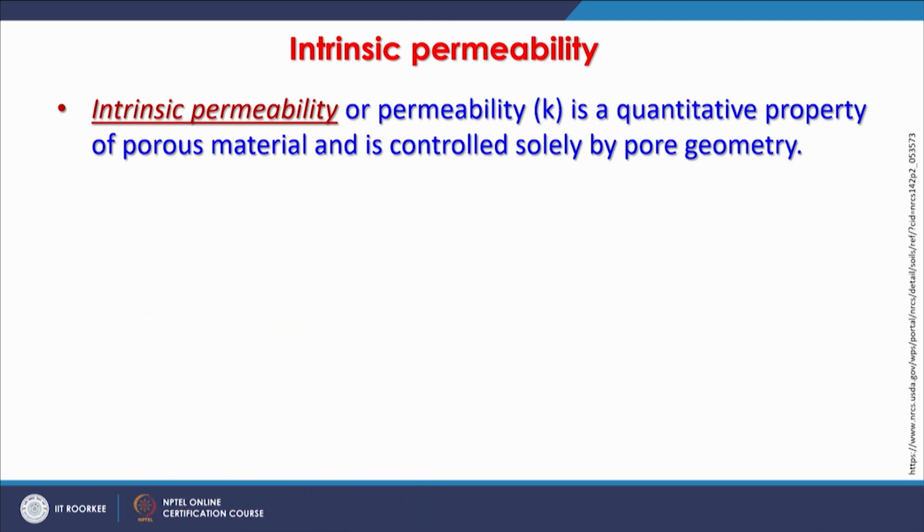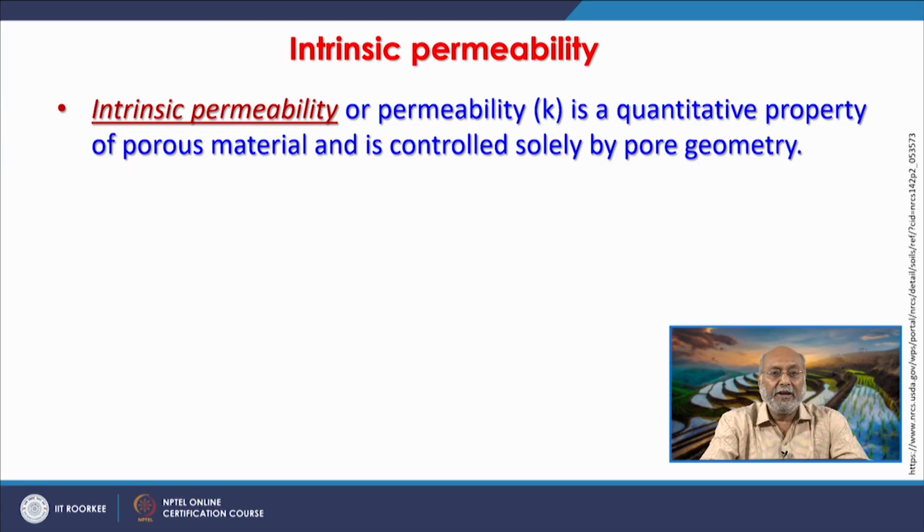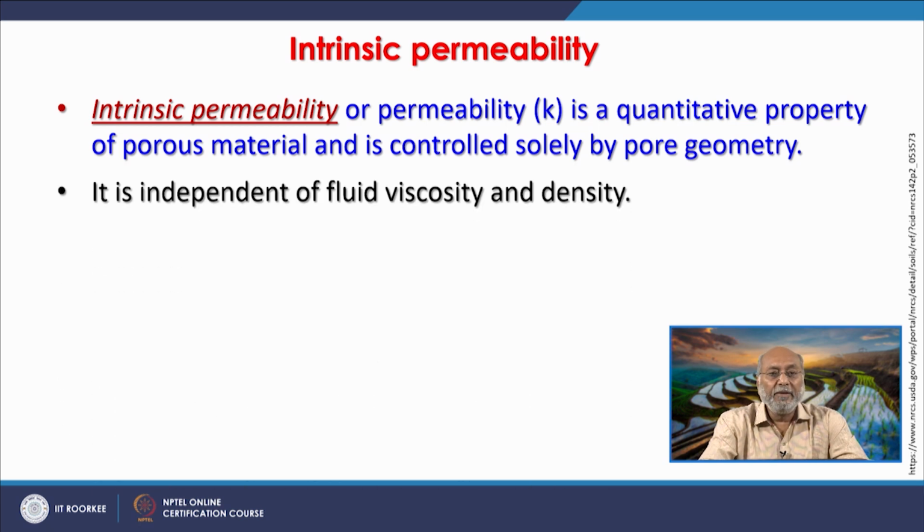Now, when we move on, one more term we would like to bring in here is intrinsic permeability. We say permeability is a quantitative property of porous material and is controlled solely by pore geometry, and it is independent of fluid viscosity and density.